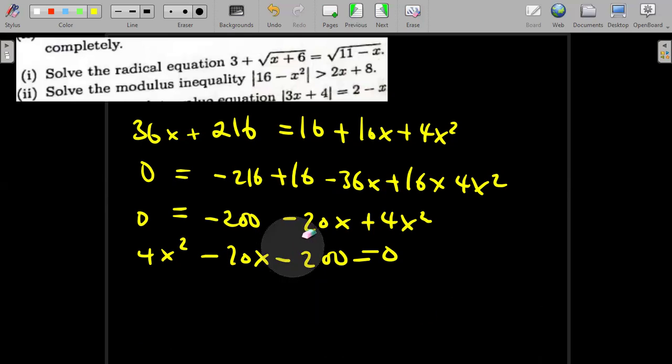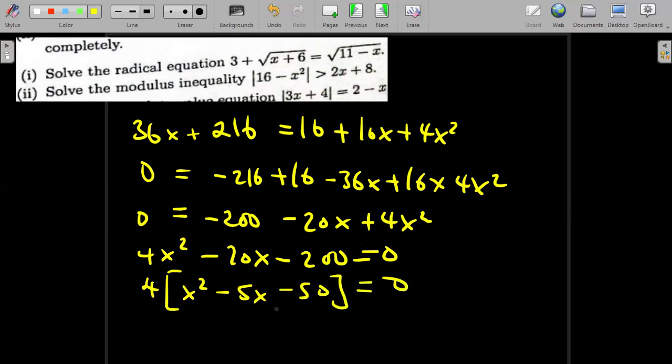Whatever method you're going to use, just make sure you work this out. So you have 4 there, so you can factor out the 4, and you have x squared minus 5x, then 200 divided by 4 gives you 50, so negative 50, and this is equal to 0.